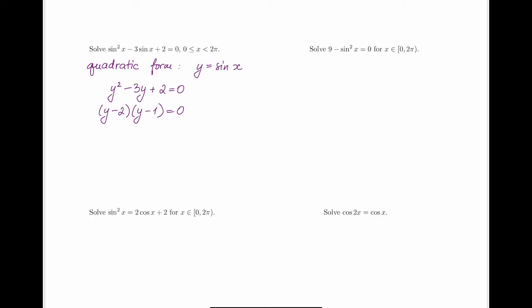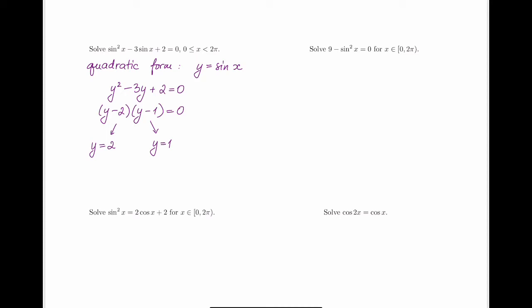And as before, factoring is extremely efficient because now I have a product of two things that's equal to 0, which means that one of these things has to equal 0. And so this side gives me that y has to equal 2 in order for the bracket to be 0. And this side gives me that y has to equal 1 in order for the bracket to be 0.